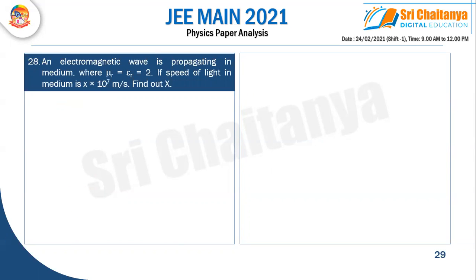Now he says an electromagnetic wave is propagating in a medium with mu r equal to epsilon r. Relative permeability and relative permittivity are given as 2. If the speed of light in the medium is 3 x into 10 to the power of 7 meters per second, find the value of x, he says.